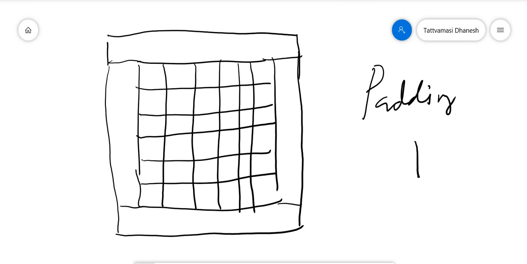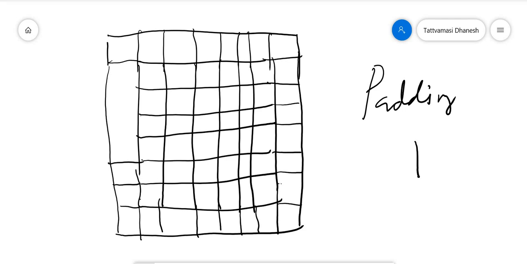Again one more layer I am introducing, the padding becomes 2. Here the padding is 1, so the 6 by 6 becomes, now it is 1, 2, 3, 4, 5, 6, 7, 8.